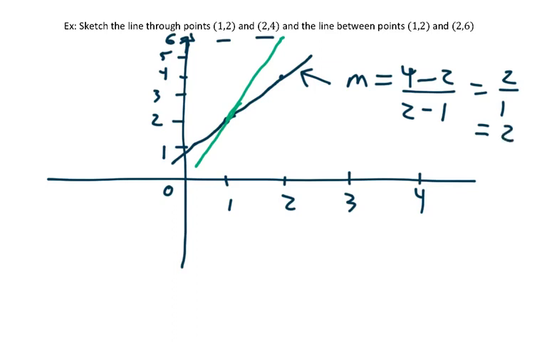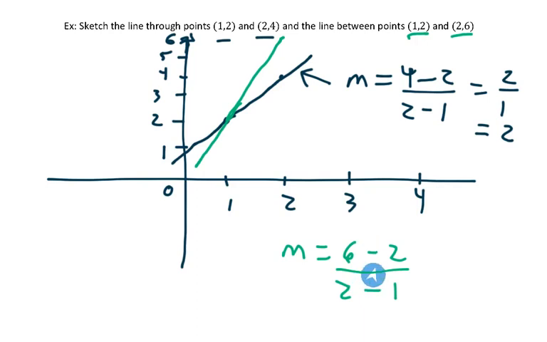For the other line, for the green line, we have these 2 points. So the line there will be 6 minus 2, change in y, over the corresponding change in x. Notice again how the x and y coordinates for the same point are on top of each other.